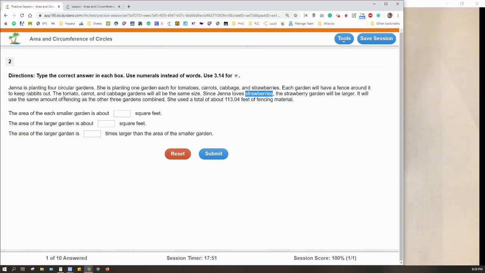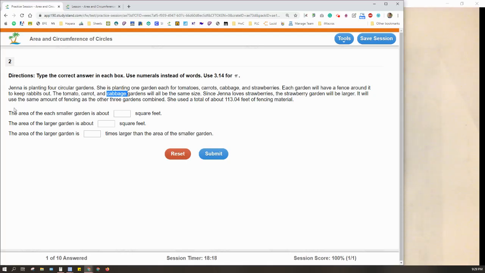And it's going to use the same amount of fencing as the other 3 gardens combined. So whatever the tomato circumference plus the carrot circumference plus the cabbage circumference is going to equal the strawberry circumference, because the strawberry garden is those 3 combined together. All of those combined is a total of 113.04 feet of fencing material.